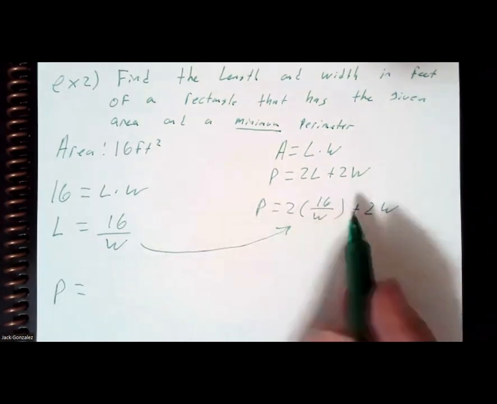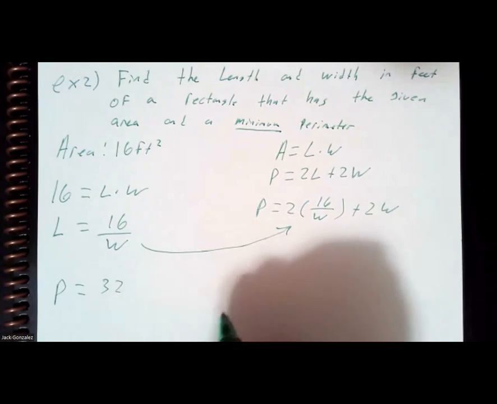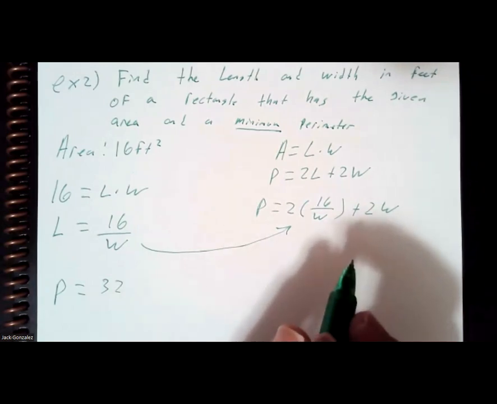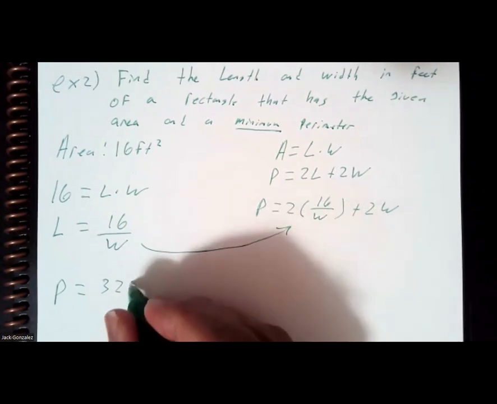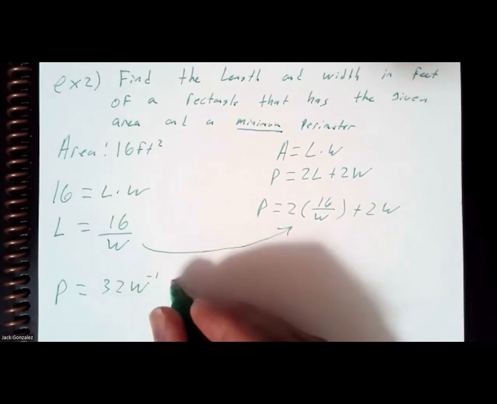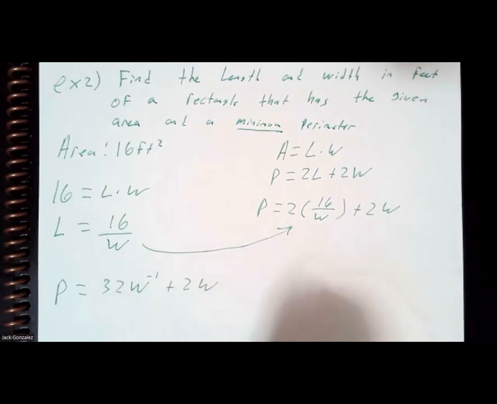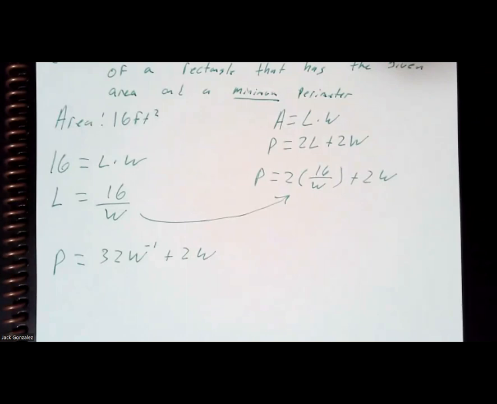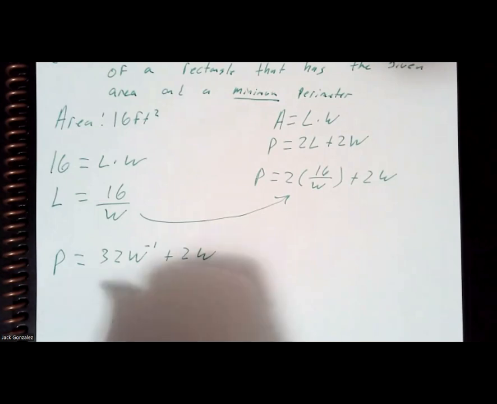So multiply your 2, that'll be 32/W. I'm going to bring that W to the top and make it a negative power just so it's easier to deal with. Is that all right? Mm-hmm. So now take your derivative and find out where you have your critical values.